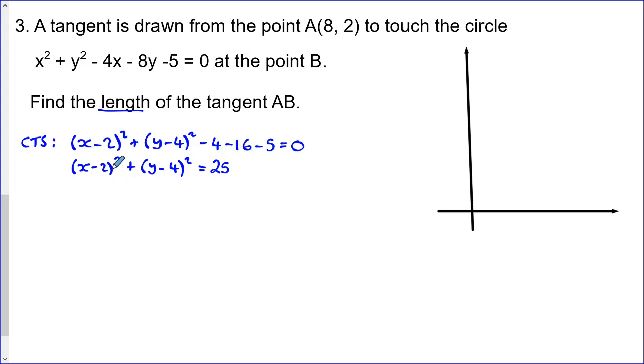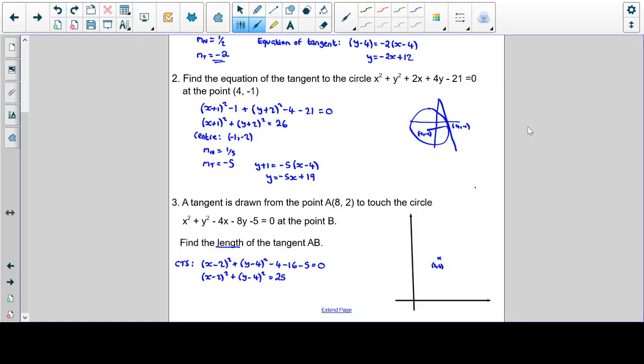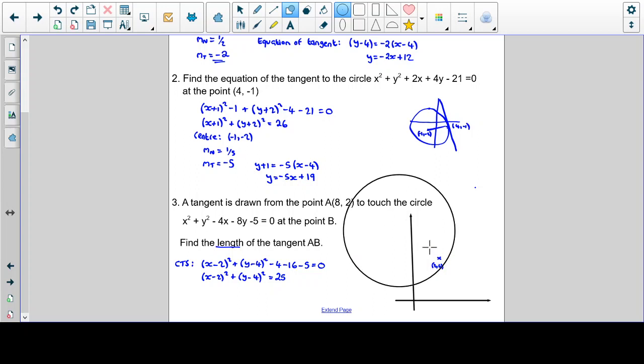Okay. So I've got the centre of my circle at 2, 4. So out there. 2, 4. Radius of this circle is 5. Circle. Start here.